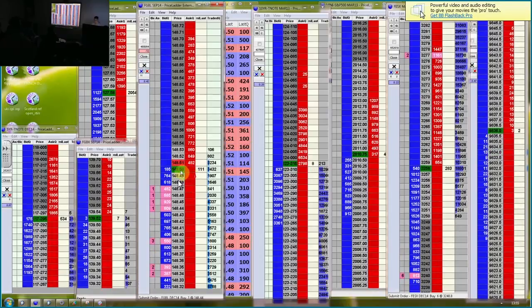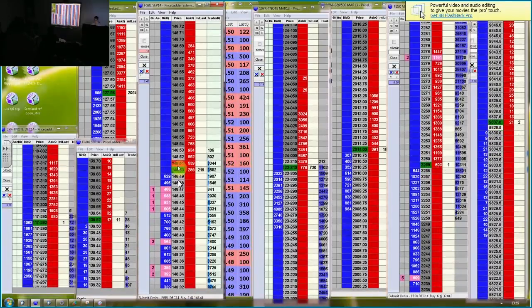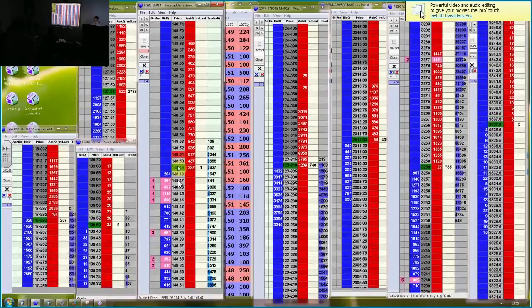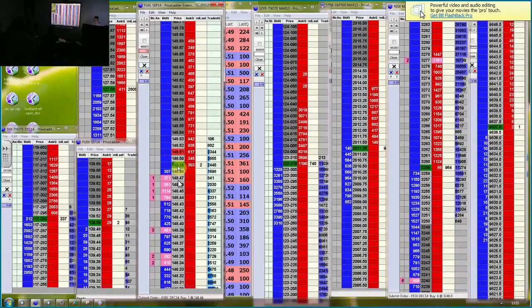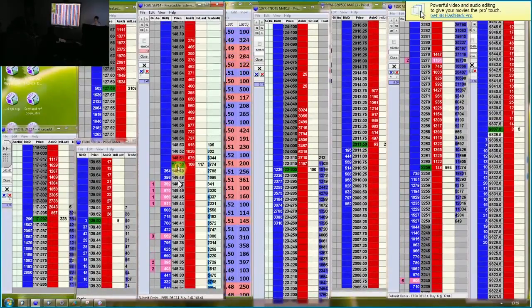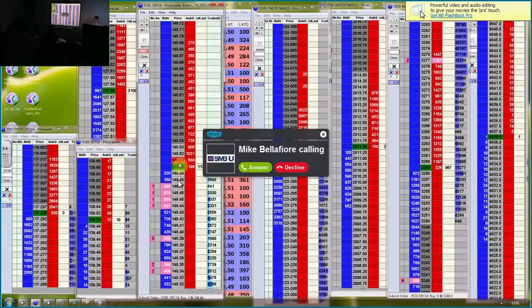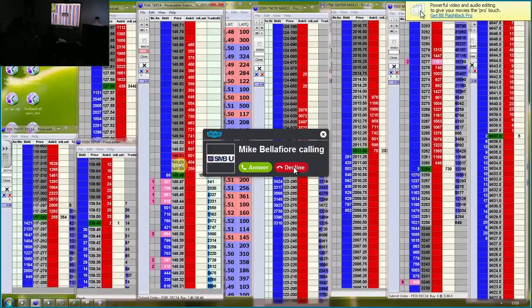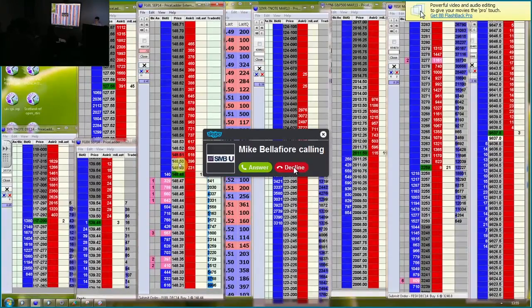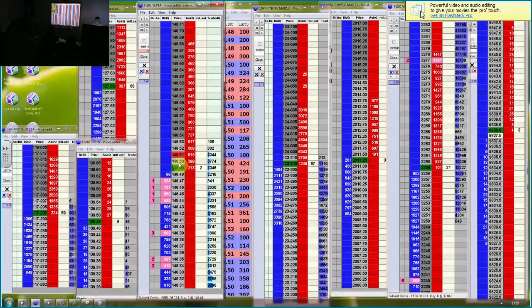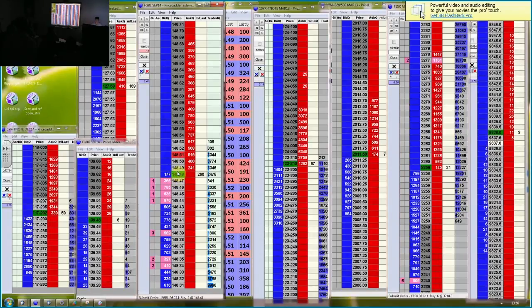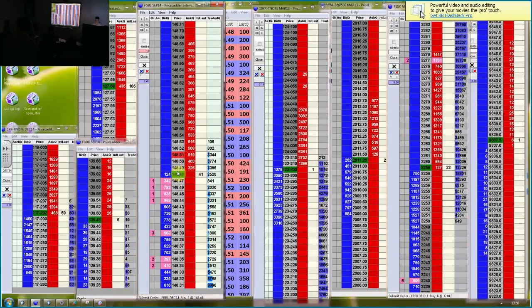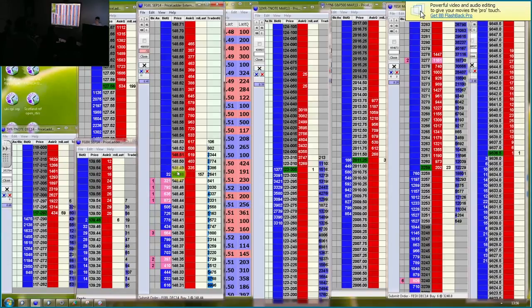What's happening to the 1s? Reloading. Reloading and offer. And offer. So someone's still sitting there trying to buy it. Someone's still buying it, but what's happening to the offer? Keep watching, guys.